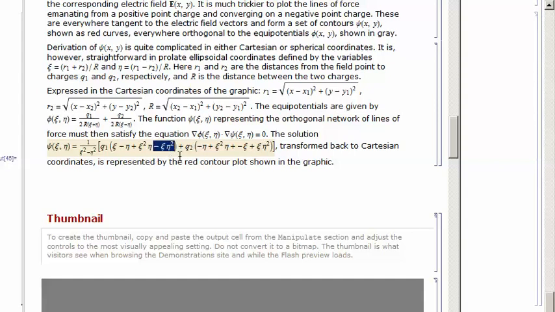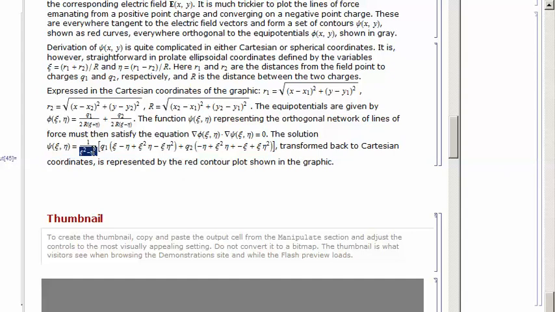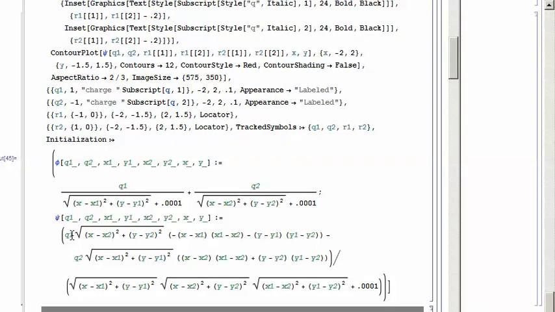There are subtle differences between that term there and that term there, and then he transforms that back to Cartesian coordinates, because this is in eta psi coordinates. So he takes all those psi's and etas and converts them back into Cartesian coordinates, and that's what all this stuff is.